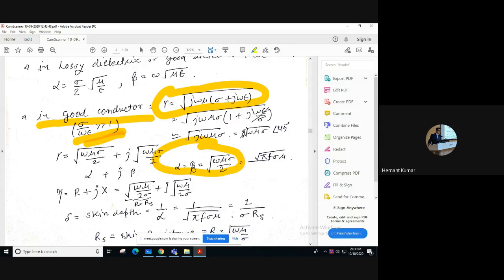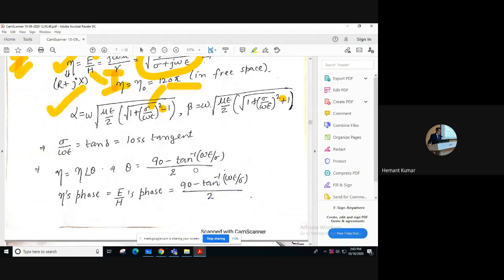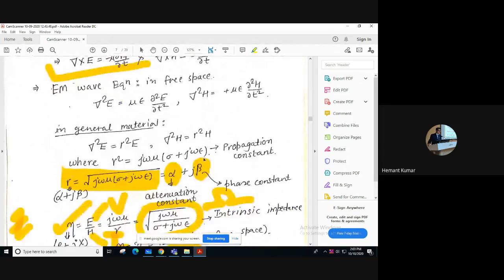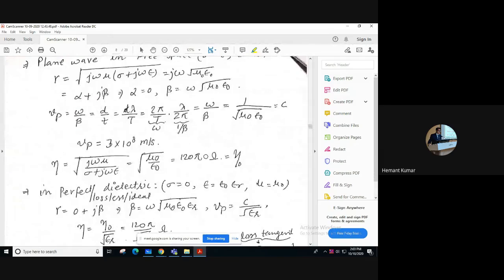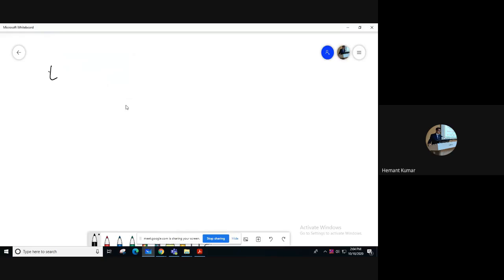If you see the equation of an EM wave, it is given by a very simple equation. It is not written here, so let me write it on the whiteboard. The equation of an EM wave is E equal to E naught e to the power j omega t, e to the power minus gamma z, where this is our time harmonic source and gamma is the propagation constant with respect to z, right?